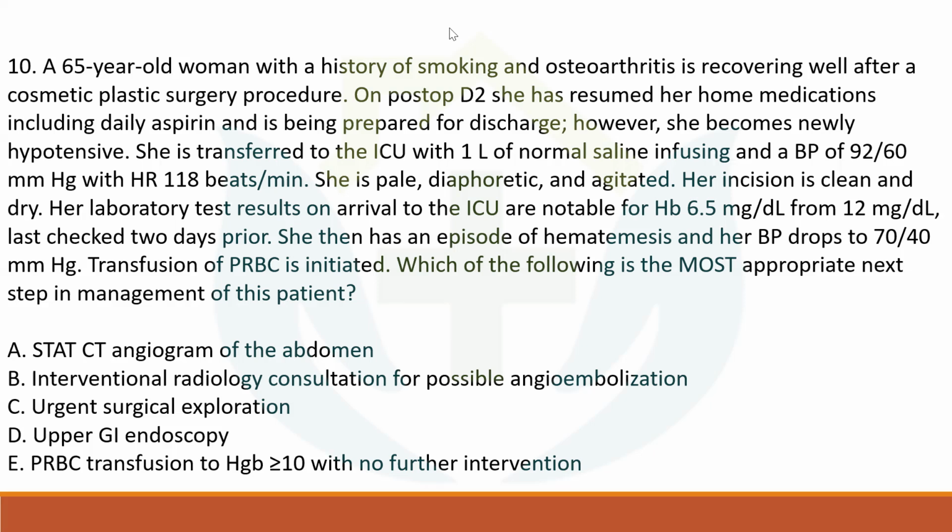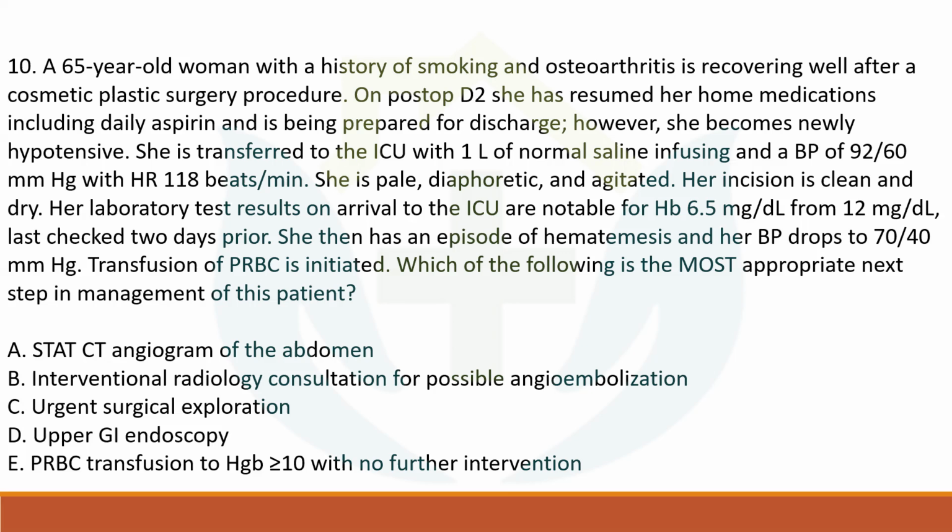You can answer in the chat box. Yeah, I think most of you have got this correct. It's a very typical upper GI bleed question, and they have asked the most appropriate next step. You should keep this in mind, then you will get the answer correct.